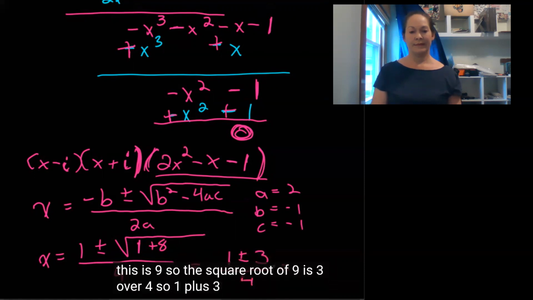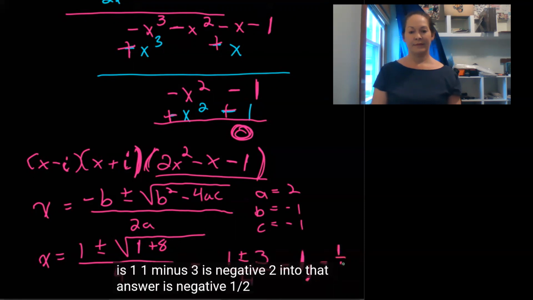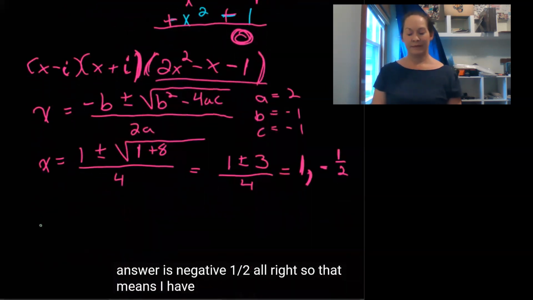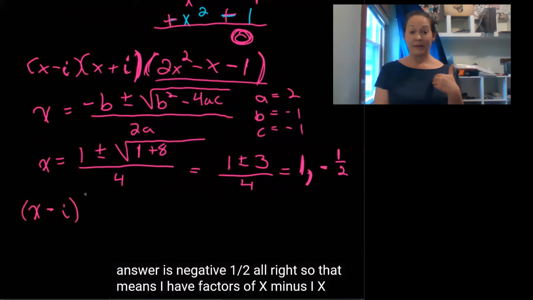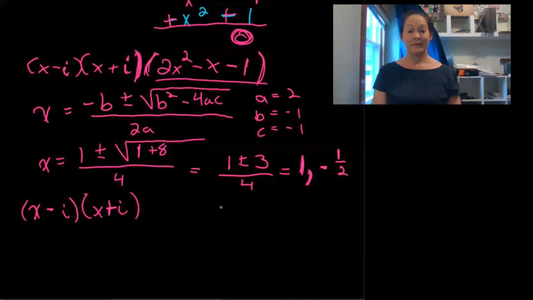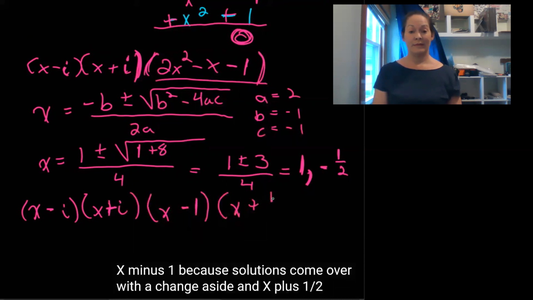So 1 plus 3 is 4, so that answer is 1. 1 minus 3 is -2, and so that answer is -1/2. Alright, so that means I have factors of x minus i, x plus i, x minus 1, because solutions come over with a change of sign, and x plus 1/2.